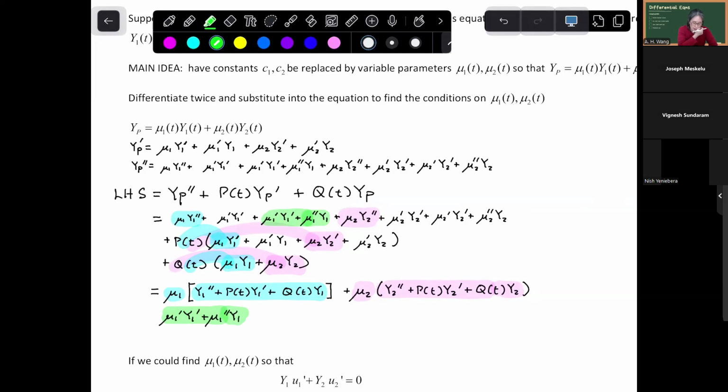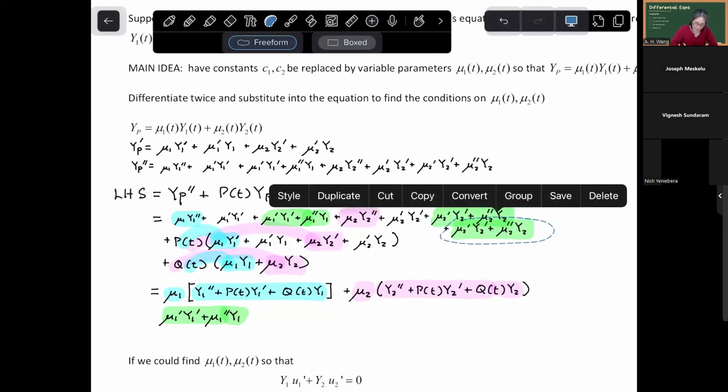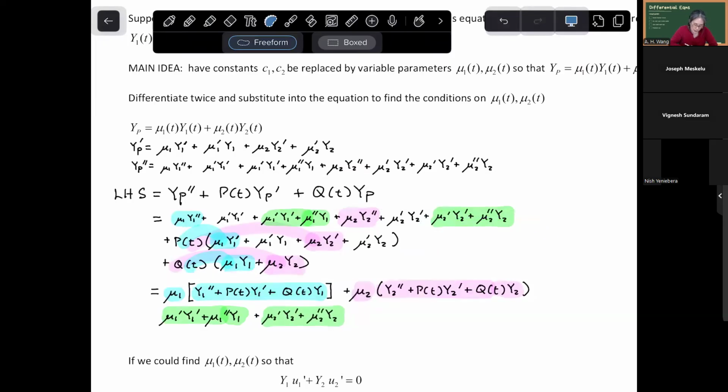Okay. And then let's take a look at mu2. So how about this one right here? Okay. So I'm going to take him and just write him down. You can write him down or copy him, put it right here. Okay, so then what's left over is P of t.